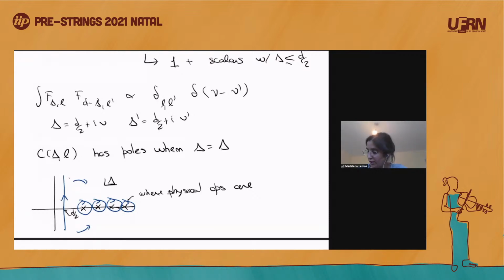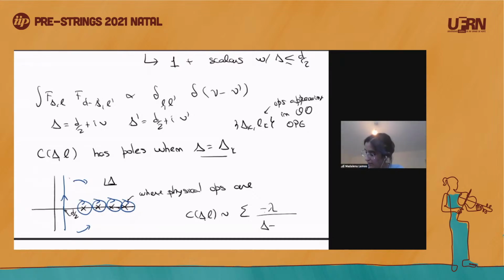So if your series has operators with dimensions delta K and L K, these are the operators appearing in the OPE. These have poles in delta at fixed L when delta is equal to delta K. So C delta L behaves near the poles as a pole in delta, as I vary delta and reach the dimension of these operators.